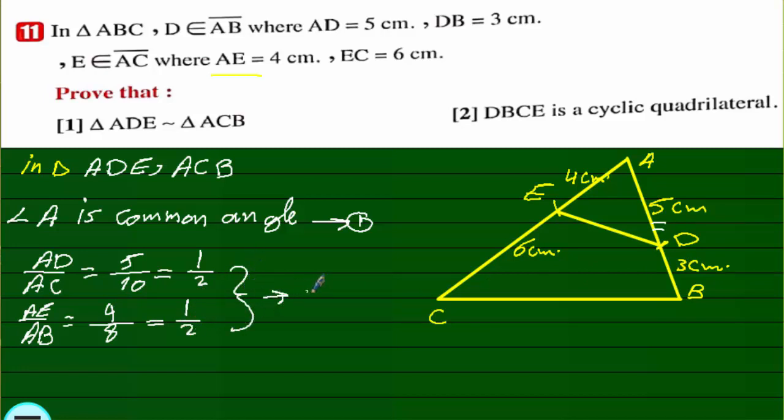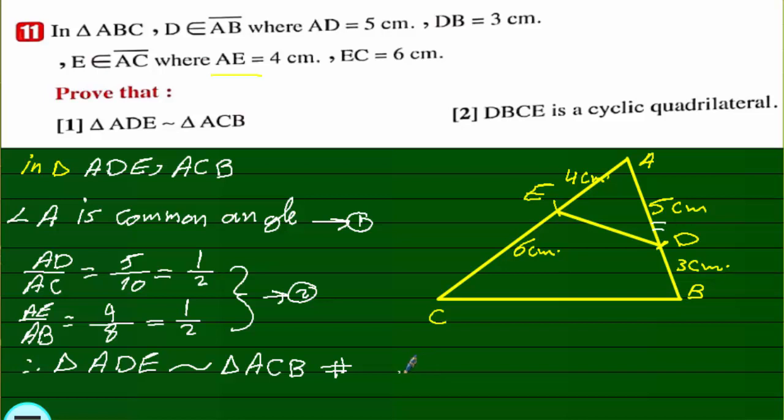This is 2. According to the theorem, from 1 and 2, we can say triangle ADE is similar to triangle ACB. This is the first required here.